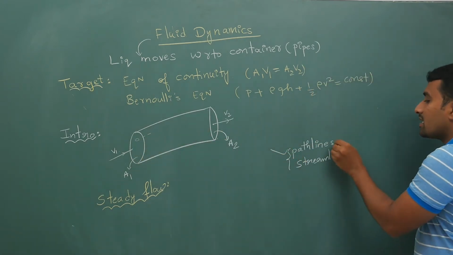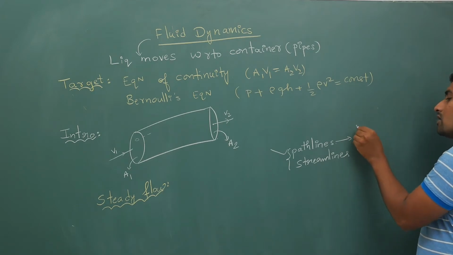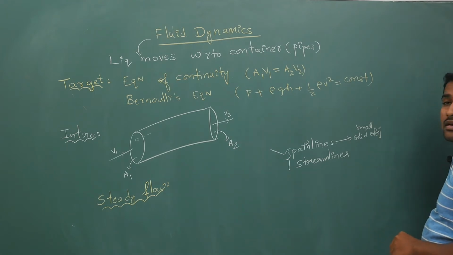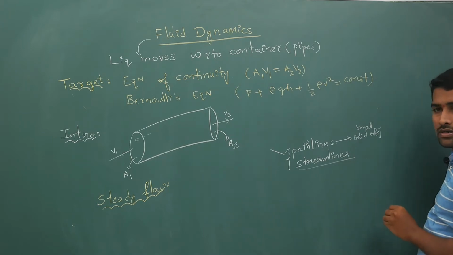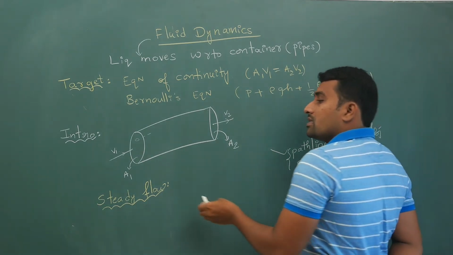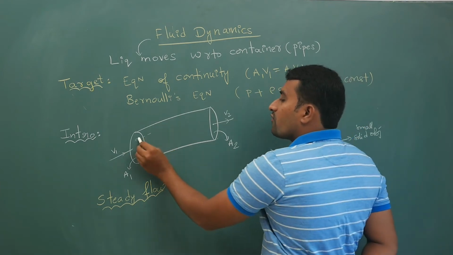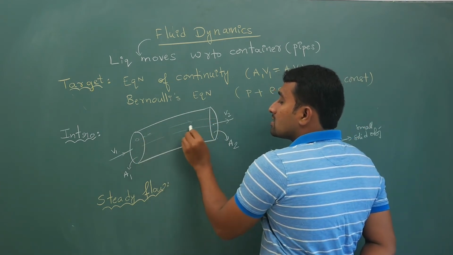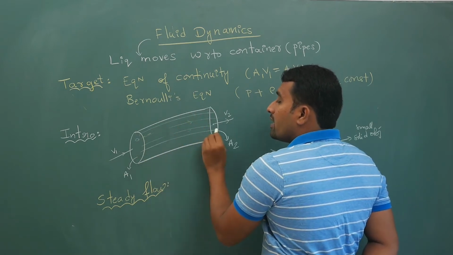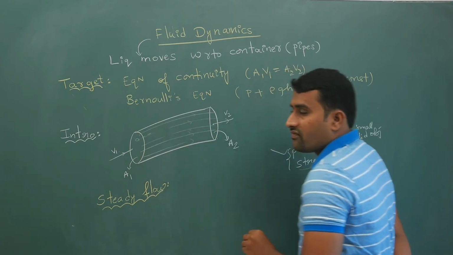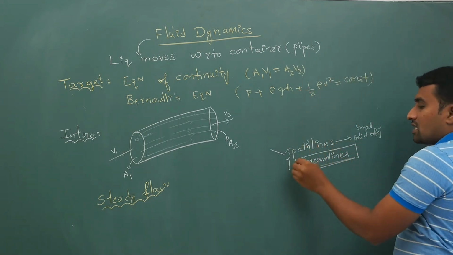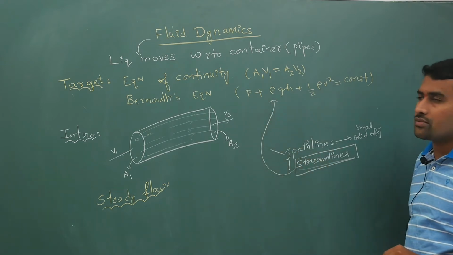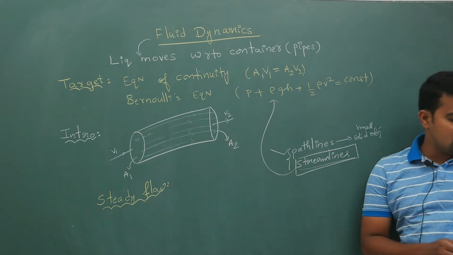Coming to streamlines, the flow of the fluid is represented by streamlines like this. Why, I will talk about later, but for now in an ideal fluid we will consider streamline flow, and only for streamline flow will we talk of these two equations, the equation of continuity and Bernoulli's equation.